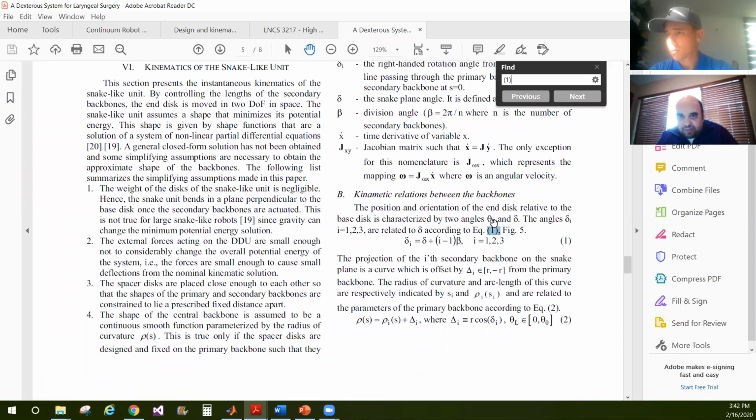Okay, yeah, right here. So it's showing the relationship, but then you've got beta, the division angle beta equals 2 pi divided by n. So beta is basically 2 pi divided by the number of links.